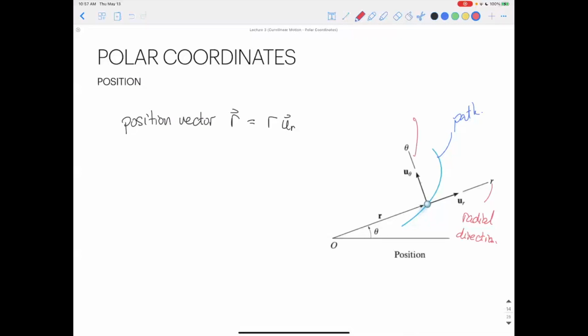And this is our circumferential direction. And that is u theta. And our position vector is the vector r. This is just r that isn't a vector, the scalar value is the distance of the particle from some origin.